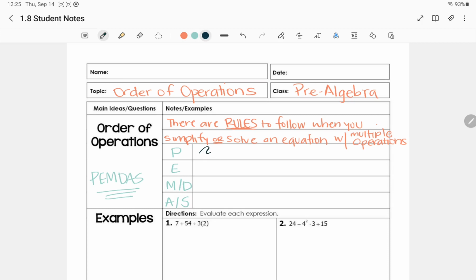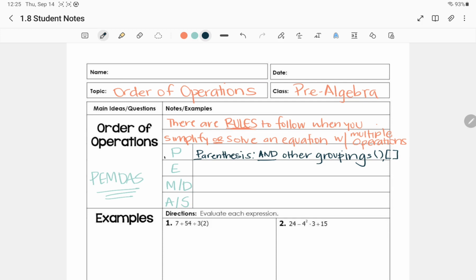All right, the P stands for, we're going to go back, parentheses. The P is for parentheses. Which means that you need to do any grouping, parentheses, and other groupings, things that look like this or like this, etc. Anything that has some kind of grouping involved, you need to do that first.